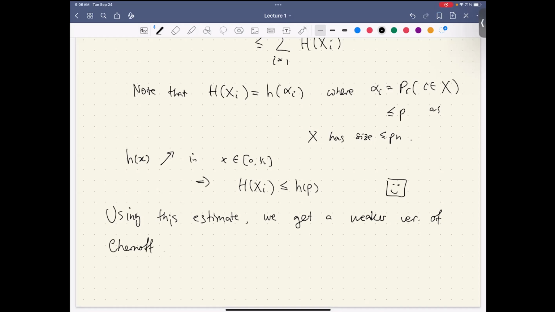Here's the weaker version, I would say it's a corollary.